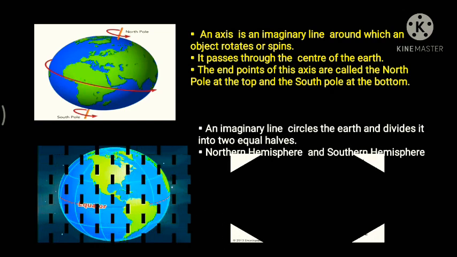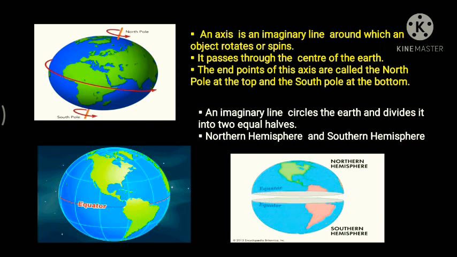Now, an imaginary line circles the earth at an equal distance from the North Pole as well as from the South Pole. This line is called the equator, and it divides the earth into 2 equal halves. The half that is above the equator is the northern hemisphere, and the half that lies below the equator is the southern hemisphere.